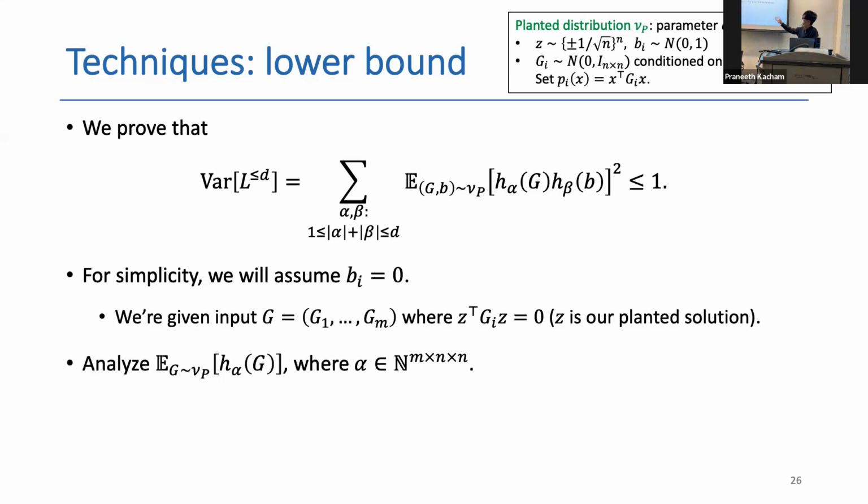And we want to analyze this quantity. Here, alpha is an index of the Hermite polynomial, which is m times n times n.